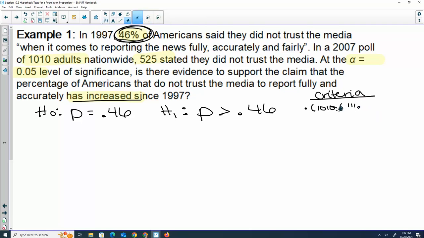So N times P times 1 minus P must be greater than 10. And that's 248.4, so that's good. Second one is my sample smaller than 5% of the total population.